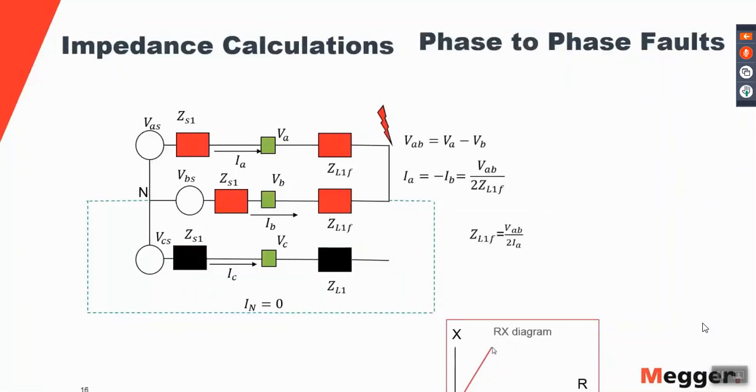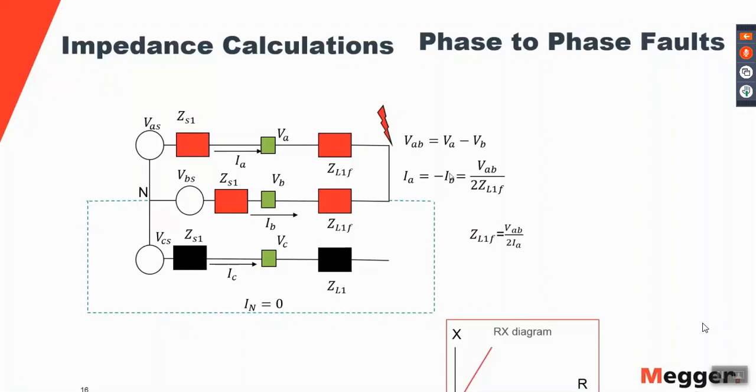In the case of the phase-to-phase fault, we can now discard whatever is happening on phase C for an A to B fault. And in this case, what we are doing is calculating the voltage between these two points, okay? And we can notice that for a phase-to-phase fault, the current that will circulate between A will go back through B. So we can say that IA equals minus IB.